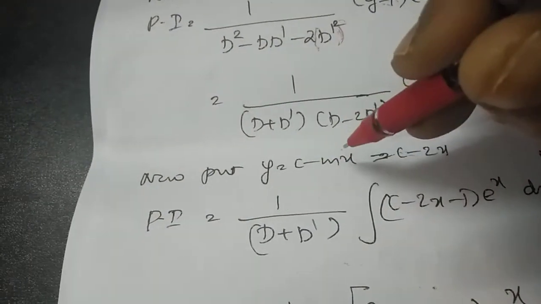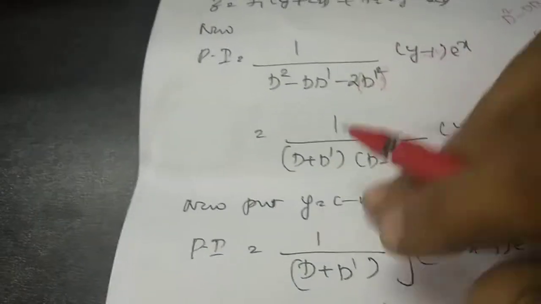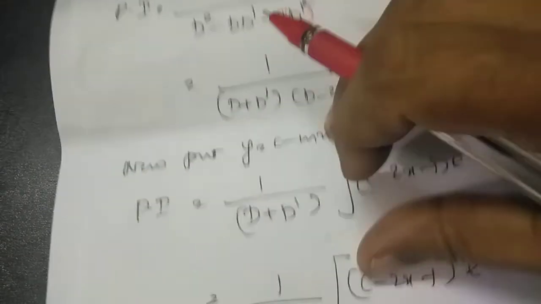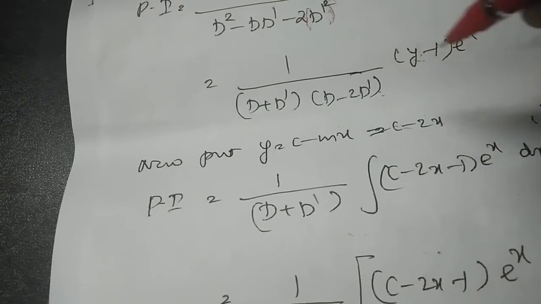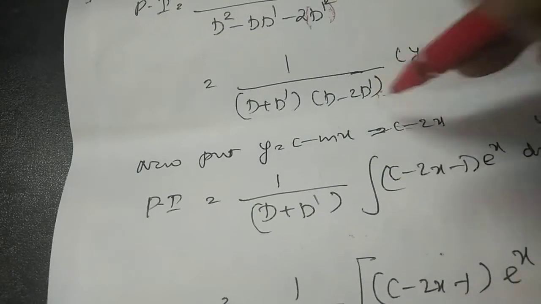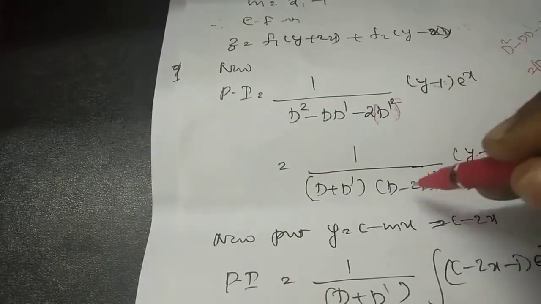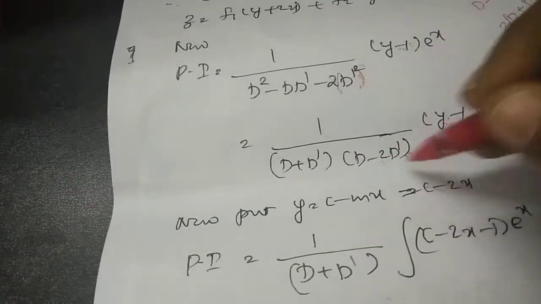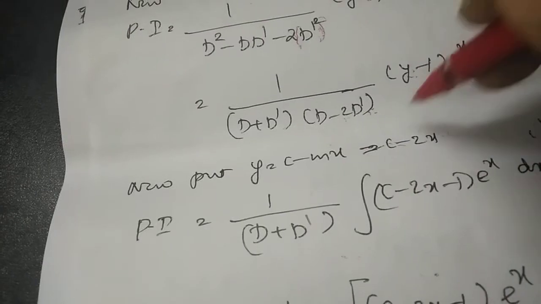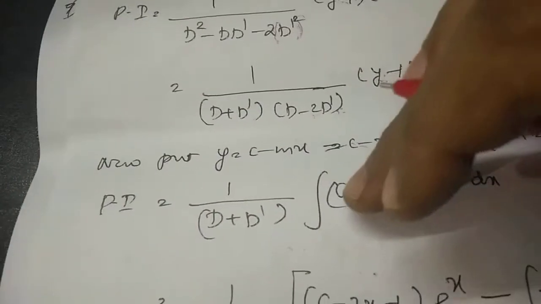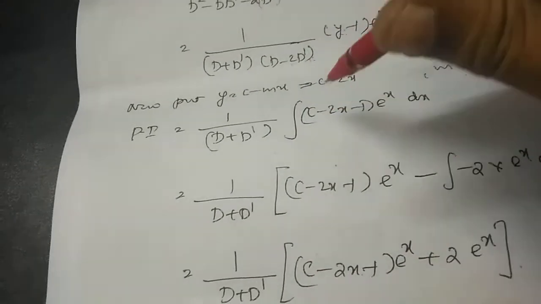Now put y equal to c minus mx, and taking the first value of m, that is 2, we get c minus 2x. So 1 by (D plus D'), and because of D minus 2D' we substitute y equal to c minus 2x in (y minus 1) e raised to x.